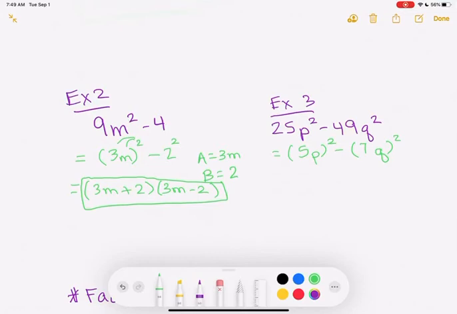So off to the side, I'm going to jot down RA is 5P and RB is 7Q. So if we were to continue to factor this, it would be the quantity 5P plus 7Q times the quantity 5P minus 7Q.